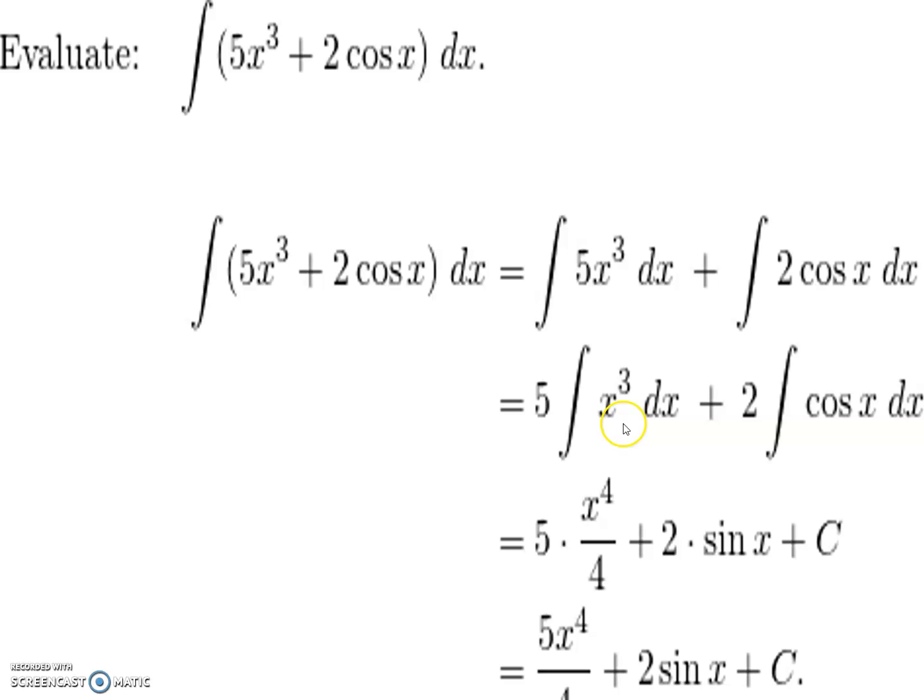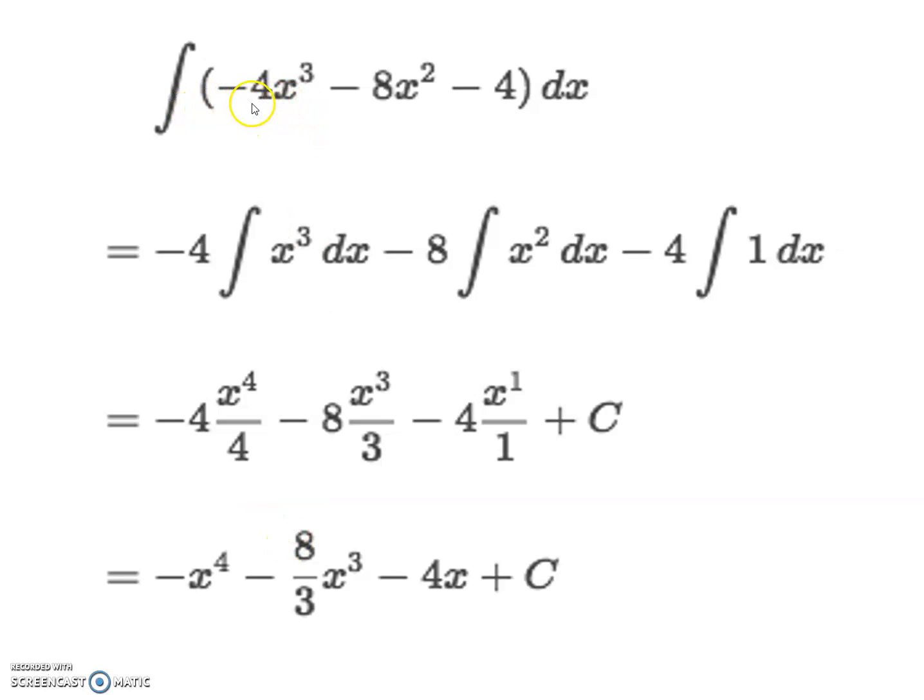We know that the integration of x raised to n is x raised to n plus 1 upon n plus 1. That's why x raised to 3 plus 1 upon 3 plus 1. So 5 into x raised to 4 upon 4, plus 2 times, what is the integral of cos x? Yes, it is sin x plus c. So we have to simplify. 5x raised to 4 upon 4 plus 2 sin x plus c is the answer of this integration.